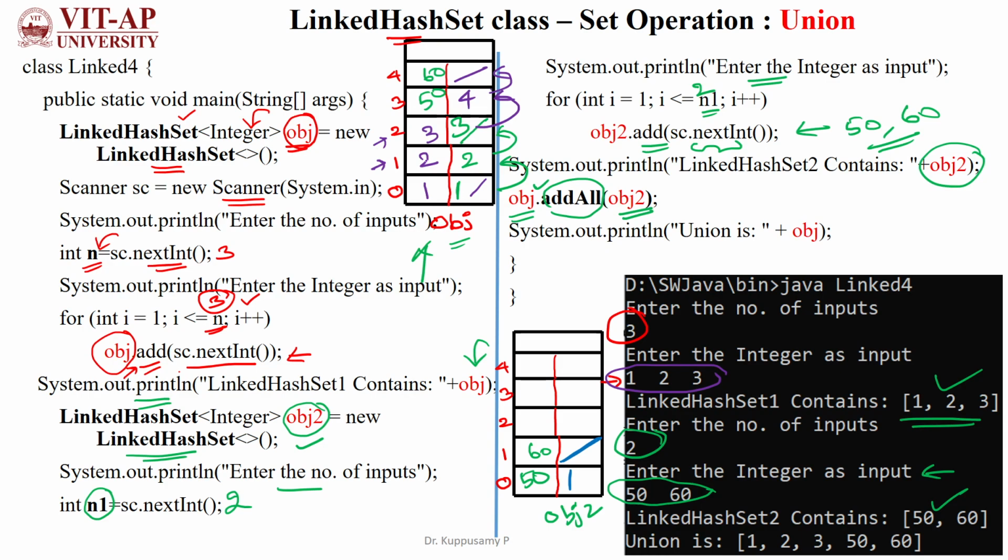Okay, now you see obj has 5 elements. So when you print obj, the union of obj1 and obj2, it gives you 5 elements which are stored in this structure. So this is the way to apply the union operation using the LinkedHashSet class to combine two object variables which are created using the LinkedHashSet class.